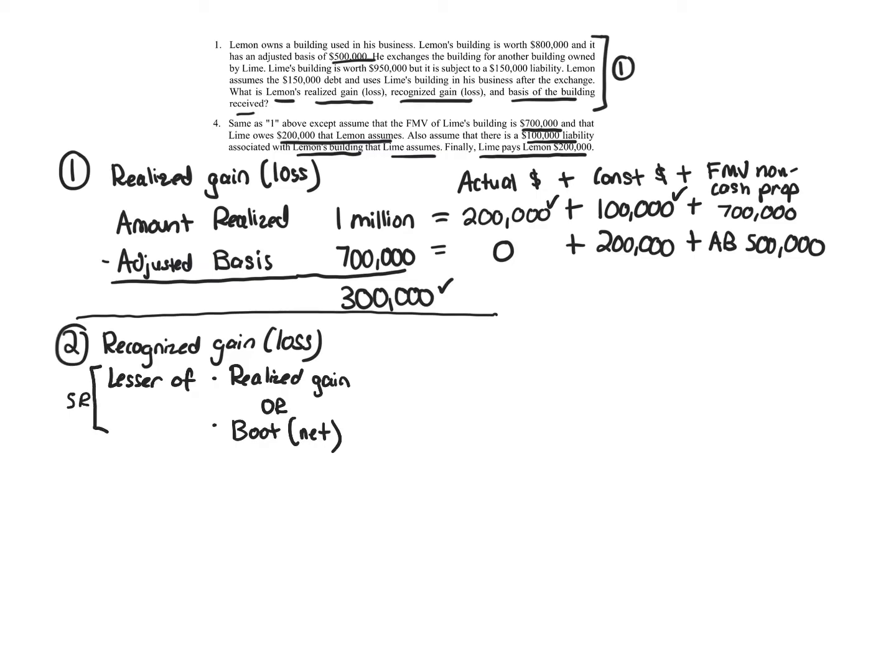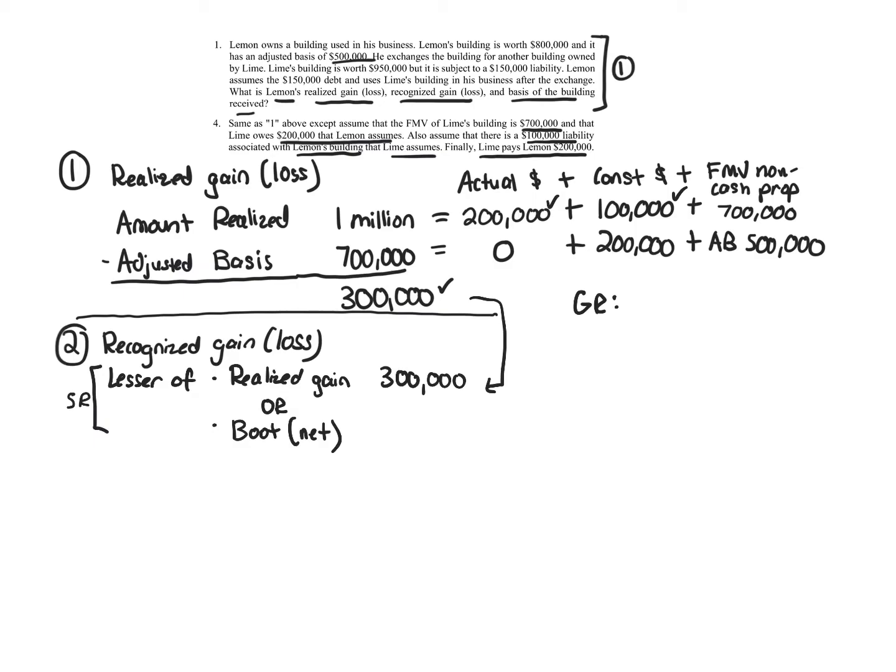Now, we know the realized gain we just calculated is $300,000. Now we have to determine the net boot amount. Again, we have boot received of $200,000 actual cash, $100,000 constructive cash, but we have to think about our general rule and our special rule with respect to boot paid.